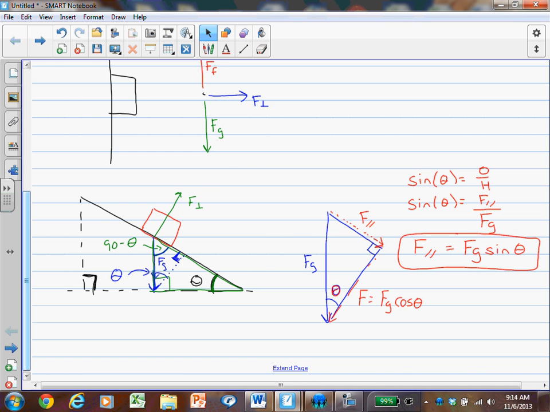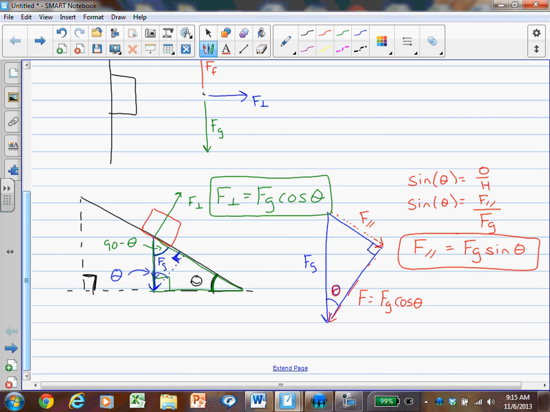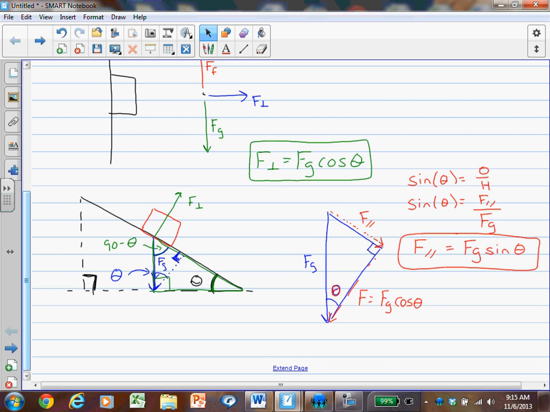The opposite to that force is F perpendicular, this force right here. And so F perpendicular is Fg cosine theta, like that. So to get the normal force on the plane, it's equal and opposite to the force down, and just leaving off negatives for now, just Fg cosine theta.